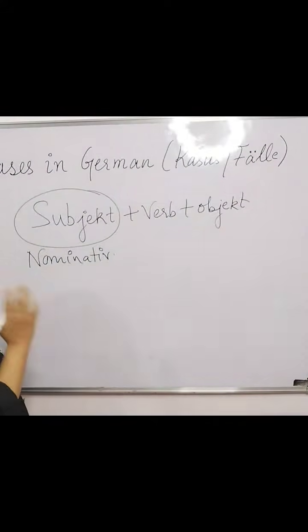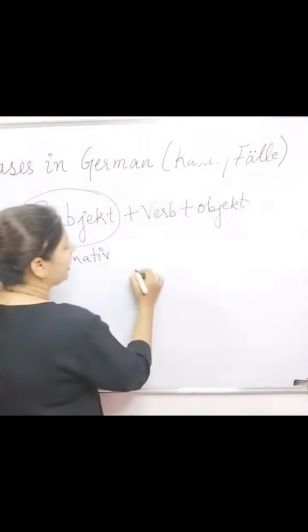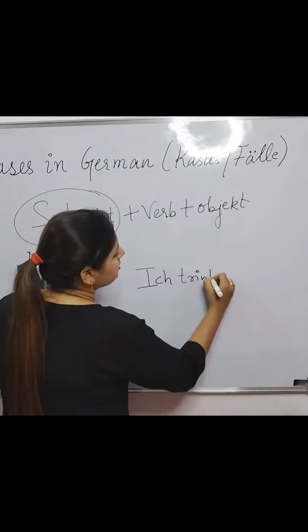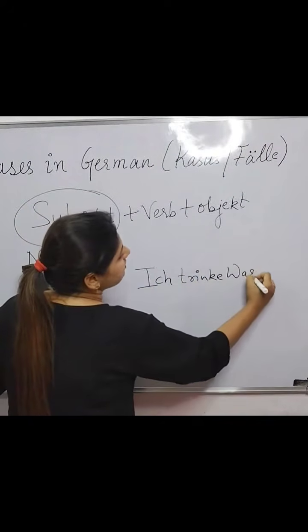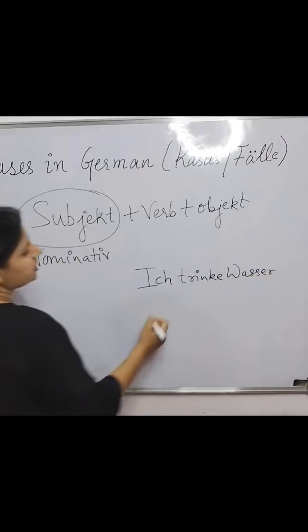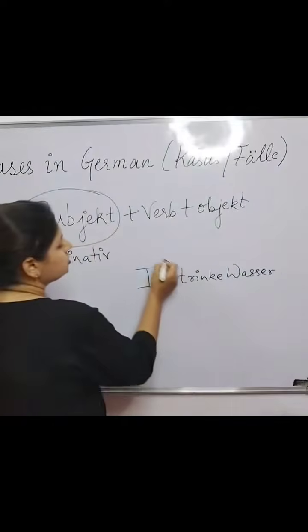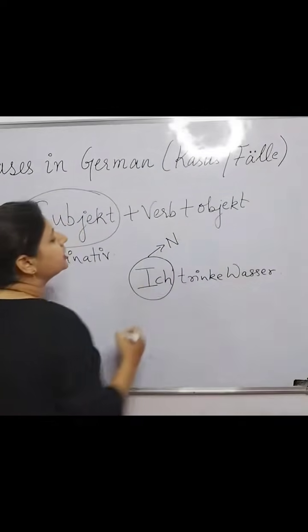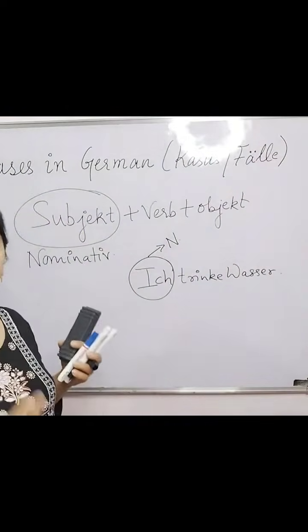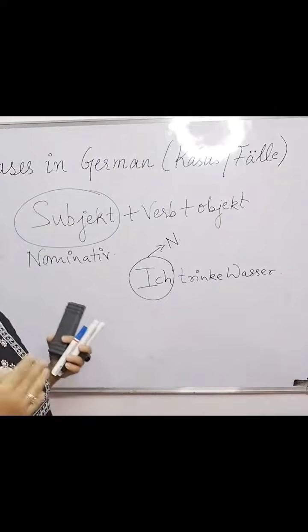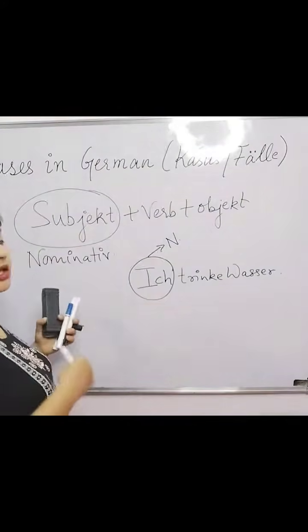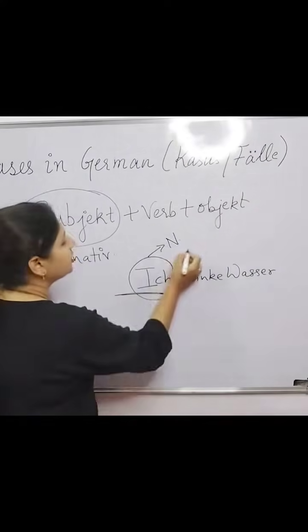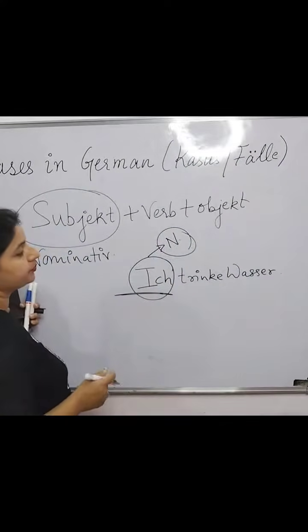For example, if I say ich trinke Wasser. Here, ich is the person who is doing the action, so ich is our nominative.